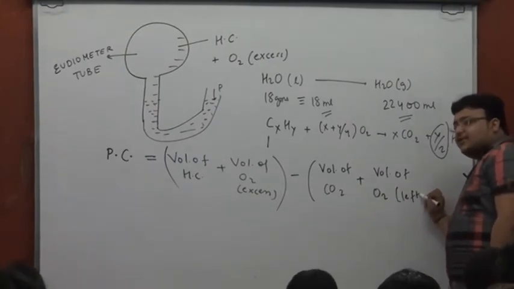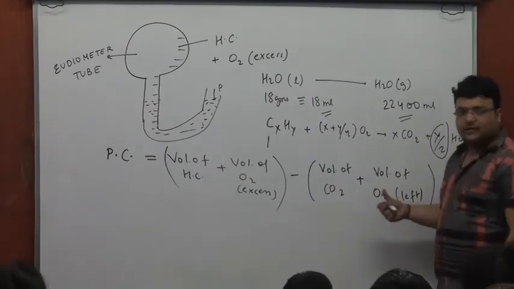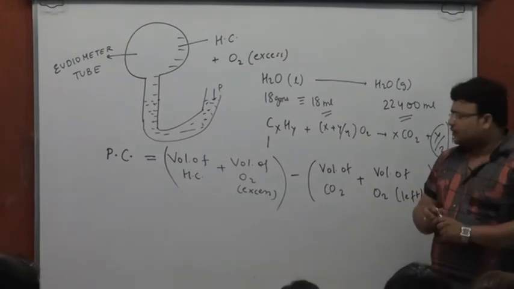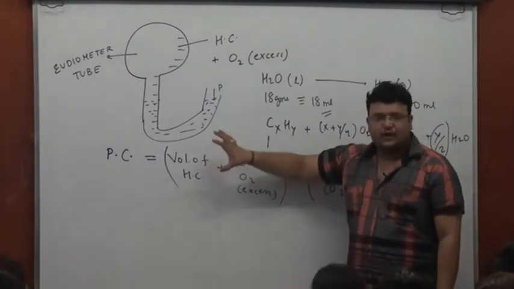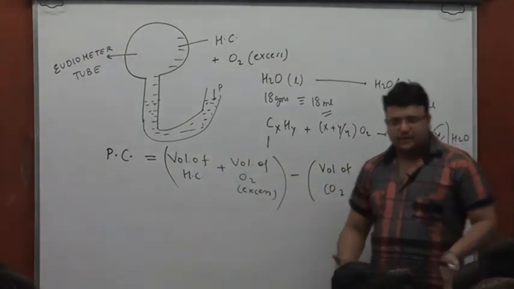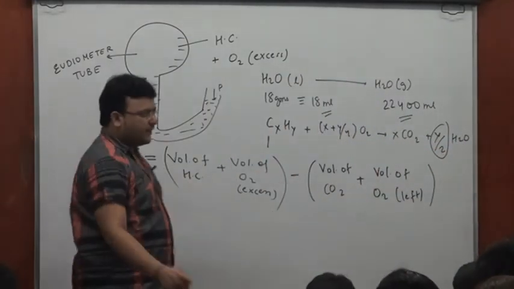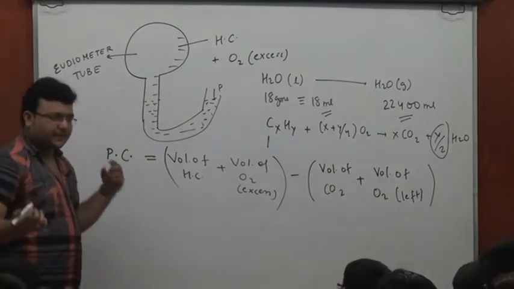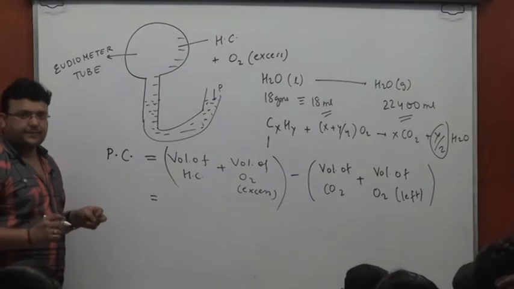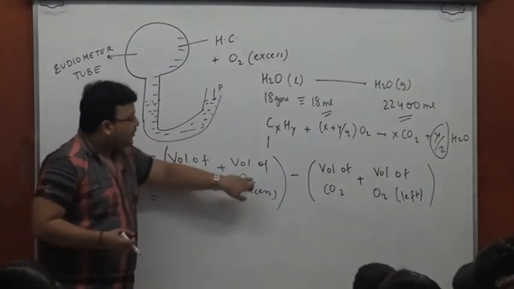You had excess oxygen, so oxygen will be left. Say yes or no? Yes, so you all buy this. Primary contraction is volume of hydrocarbon taken plus oxygen taken minus carbon dioxide formed minus oxygen left in excess after the process. Now again, let me do this, and you'll want to agree to this. Volume of oxygen taken.